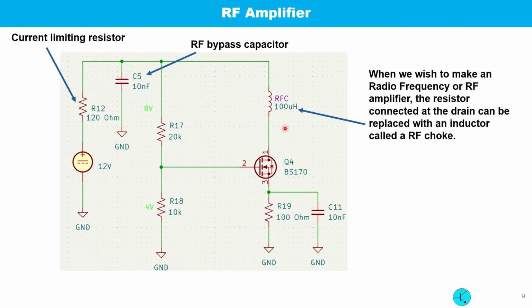To further attenuate the RF going out of the circuit, we are using a capacitor. This is called a bypass capacitor, and I am adding an additional resistance in series to limit the current, because this oscillator circuit is intended to generate very low power RF.